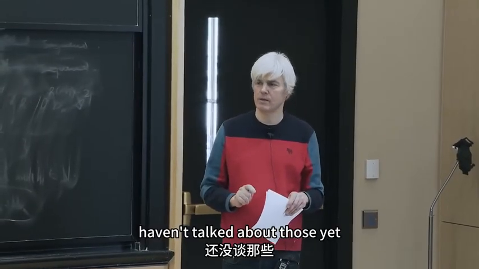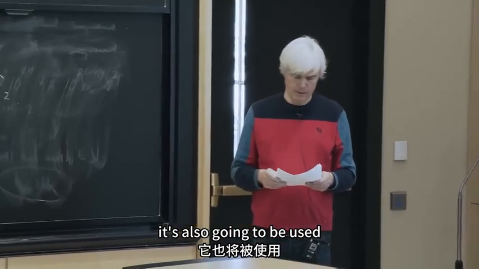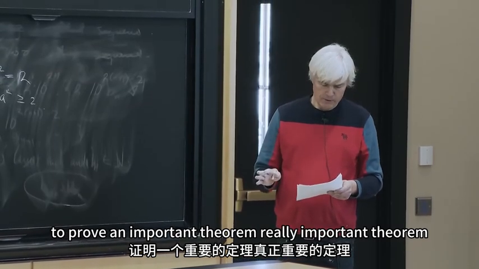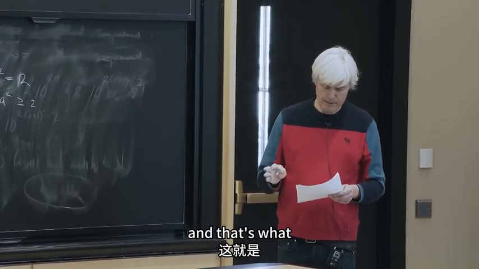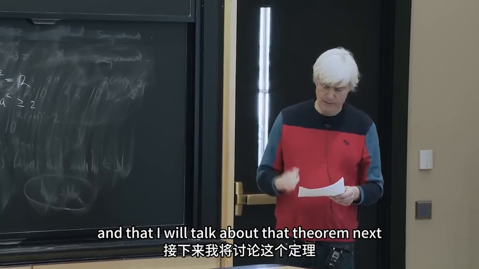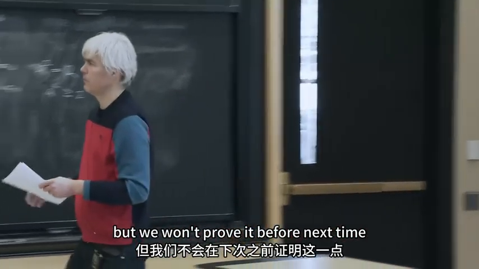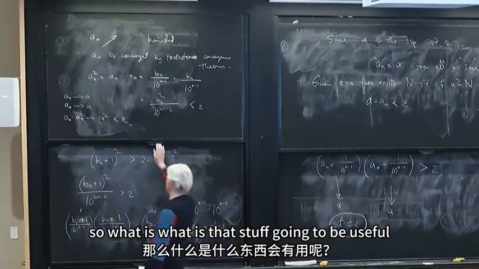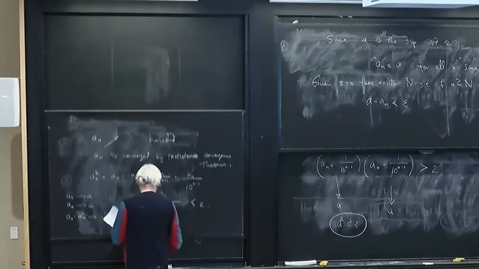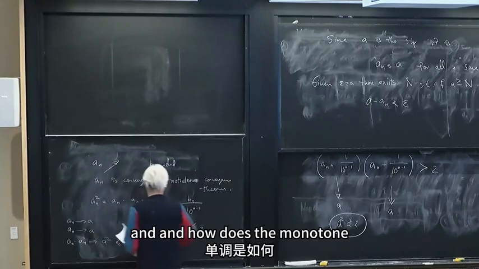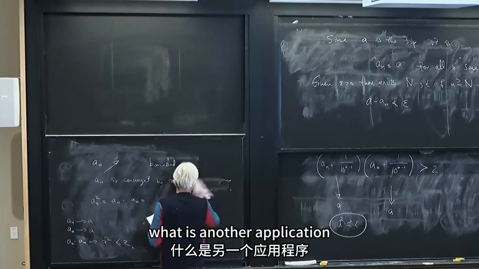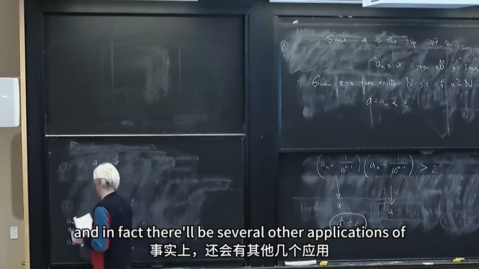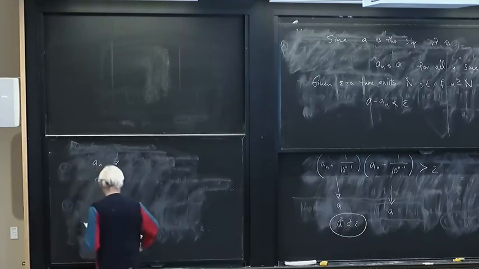It's also going to be used to prove a really important theorem, which I will talk about next time, but we won't prove it before then. So what is that going to be used for? And in fact, there will be several other applications of the monotone convergence theorem.